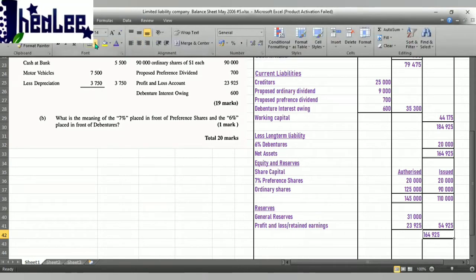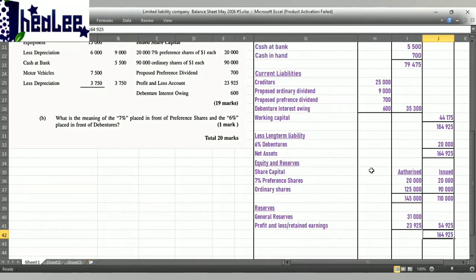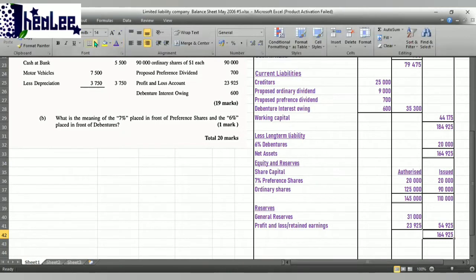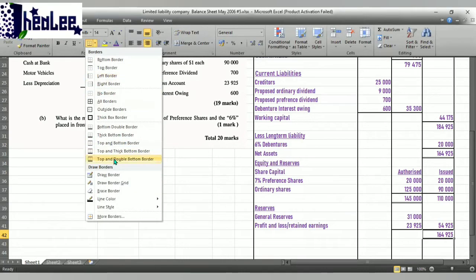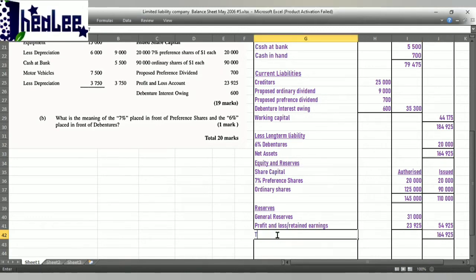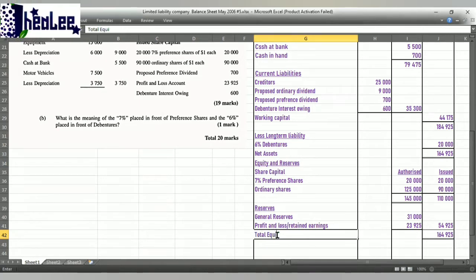Now, with that figure equal to our net assets, we can safely say that we have completed the balance sheet accurately. And this figure of 164,925 in the equity and reserve section, you can refer to that as your total equity and reserves.